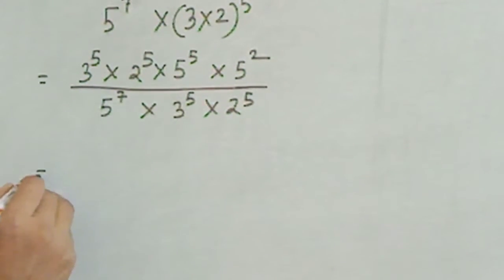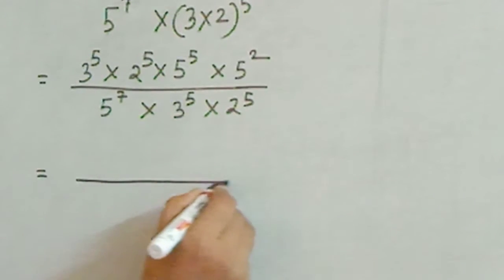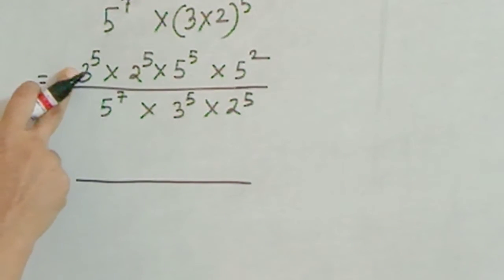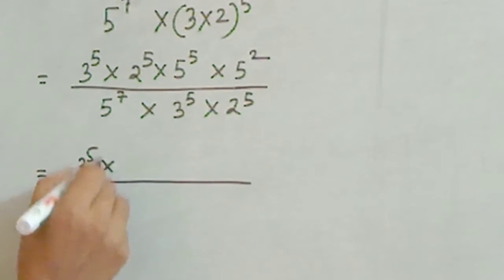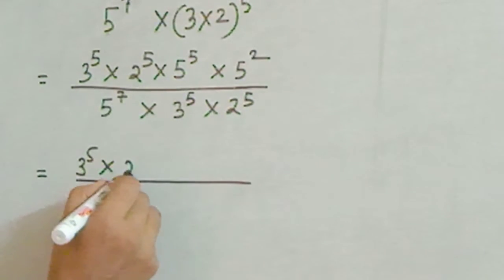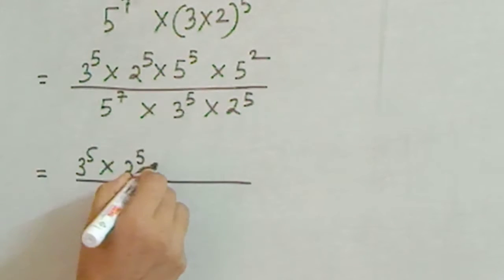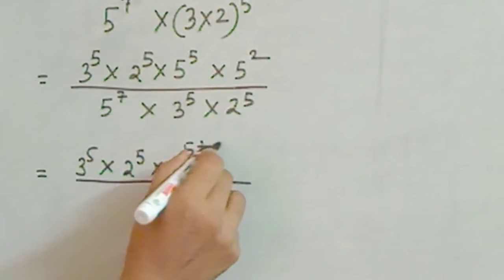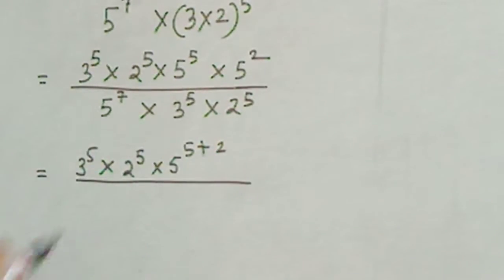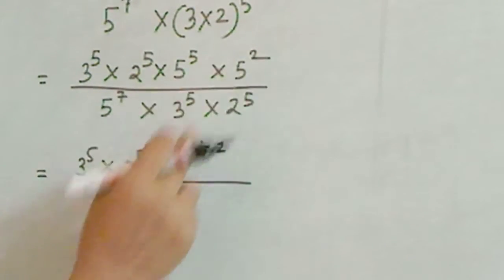Now in the numerator and denominator, check whether any same bases are there. 3 to the power 5 alone, 2 to the power 5 also alone, 2 to the power 5 into 5 to the power 5 plus 2, because both are 5 to the power 5.